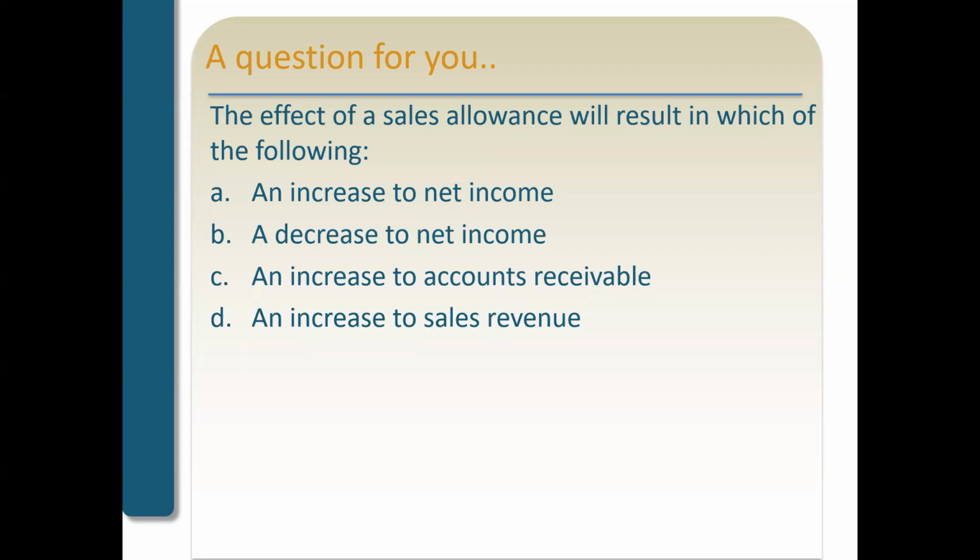How about this one, guys? The effect of a sales allowance will result in which of the following? A, an increase to net income. B, a decrease to net income. C, an increase to accounts receivable. Or D, an increase to sales revenue.